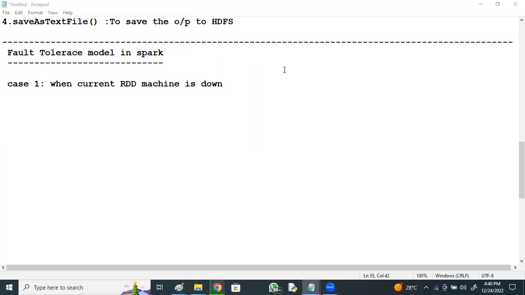When the current RDD machine is down. Observe here.